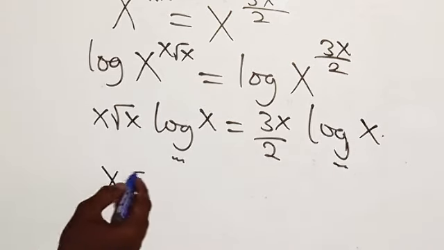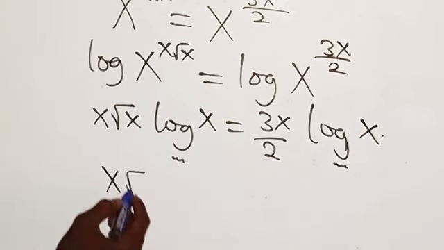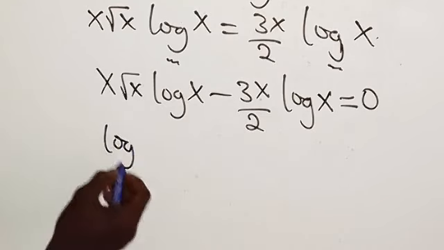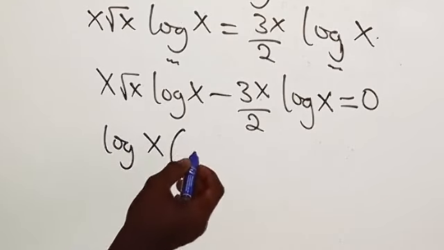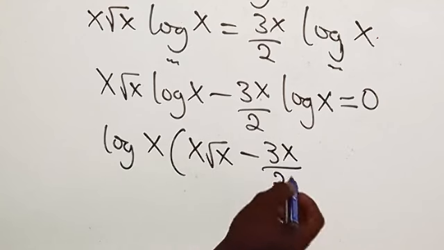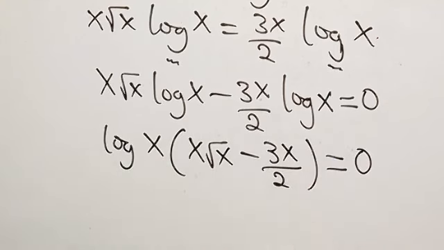We have root x log x minus 3x over 2 log x equals 0. So we have log x here, we can factorize log x out, and we're going to have x root x minus 3x over 2 then equals 0. So this is zero form equation.